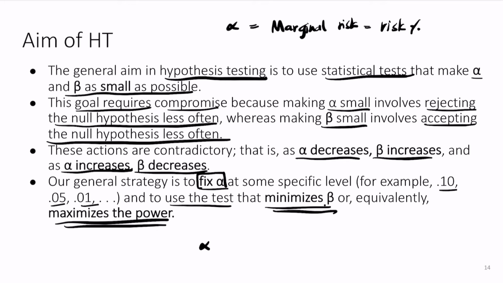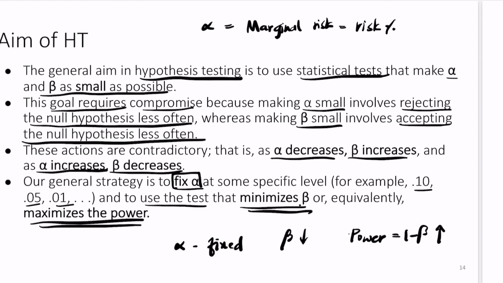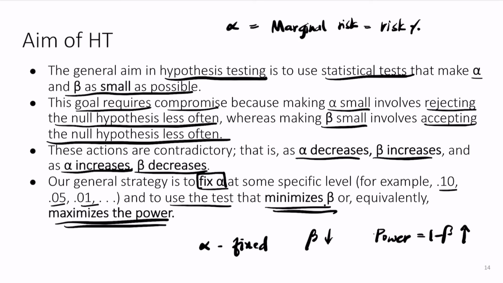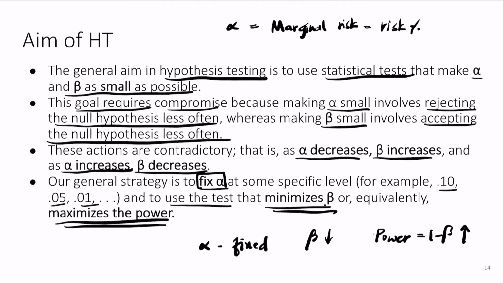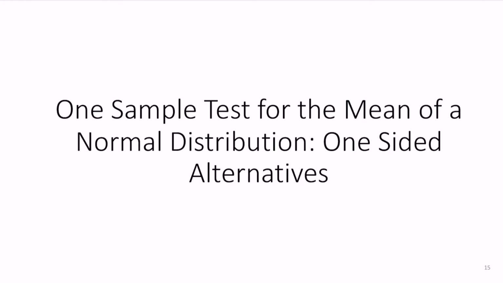When we decrease the beta value, power, which is 1 minus beta, will automatically increase. So the lesser the beta value, the higher the power of the test. We are trying to minimize the beta value and maximize the power of the test. So that is the idea behind hypothesis testing.